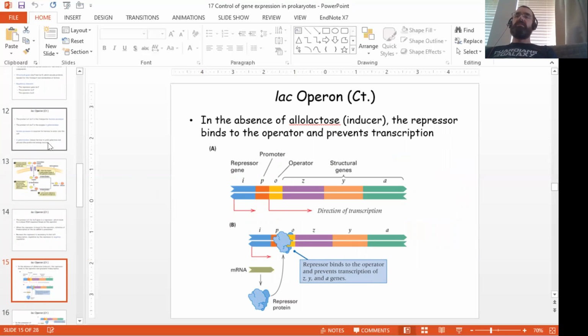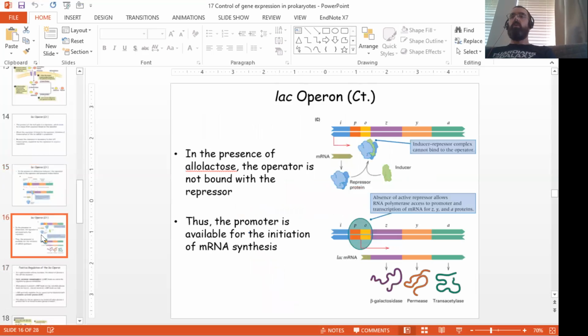And this is a good example of an inducible system. So this is basically on, but it's repressed by this repressor protein. And then we require lactose coming in, which is our inducer, for transcription to occur.